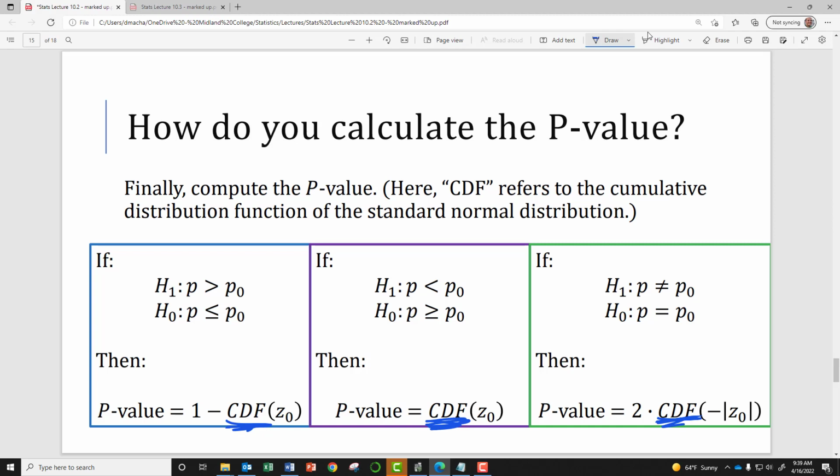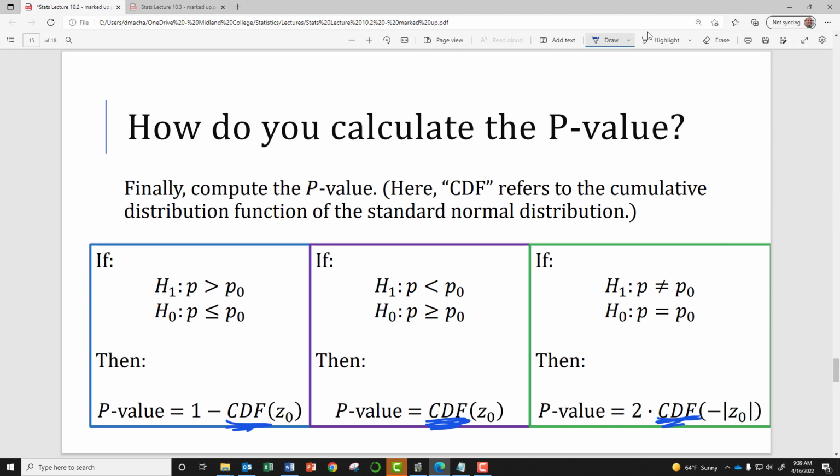Either your alternative hypothesis is that your population proportion is greater than some value, or that your population proportion is less than some value, or in the third case, in green over here, the alternative hypothesis is that p is just not equal to some specific value.